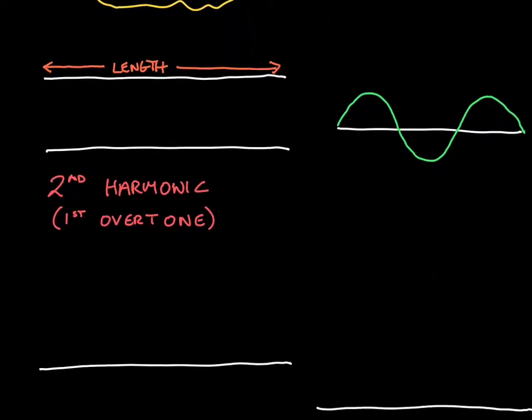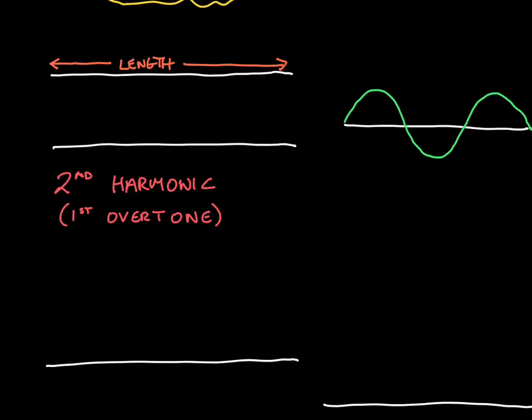So if we go chasing for the second harmonic, again, on the right hand side, I like to draw a wavelength here just so I can visualize this. And I'm going to set one of my open ends here. This time I'm not going to choose this open end, that would be the first harmonic. I'm going to look for the second portion of maximum displacement. So it would be over there.